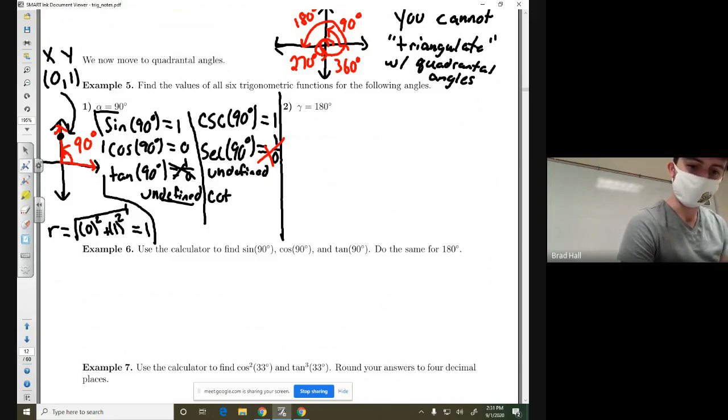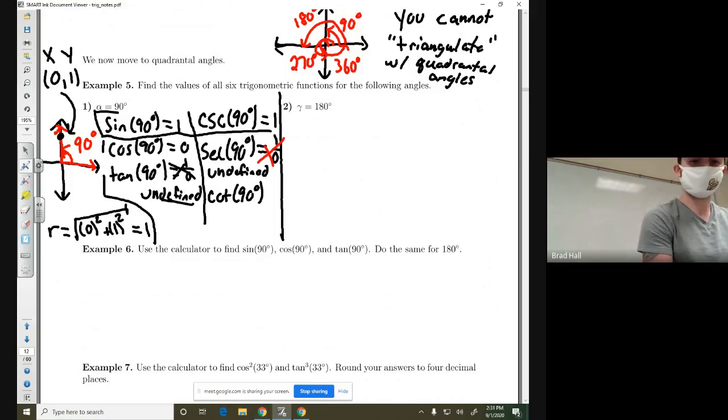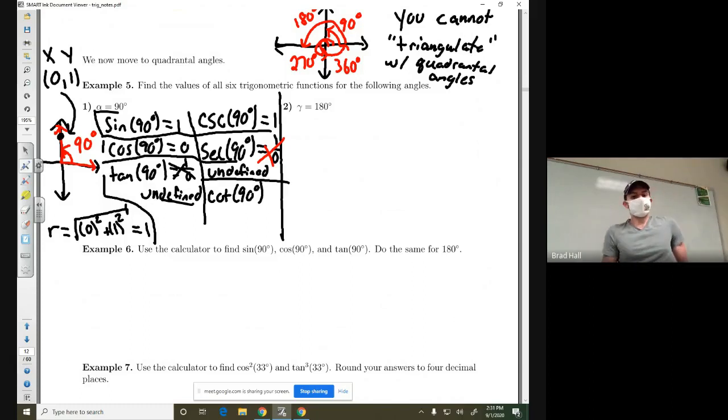Now the interesting one, cotangent of 90 degrees. What is cotangent of 90 degrees? So you might think, all right, cotangent is the reciprocal of tangent.